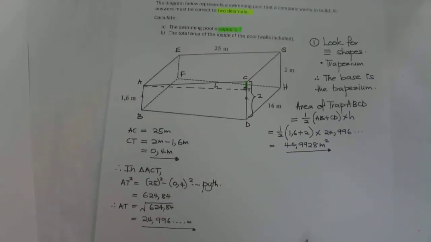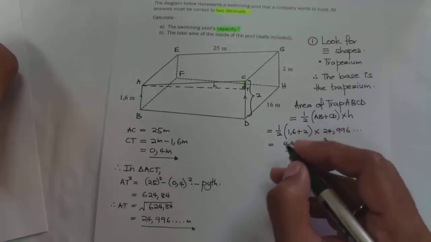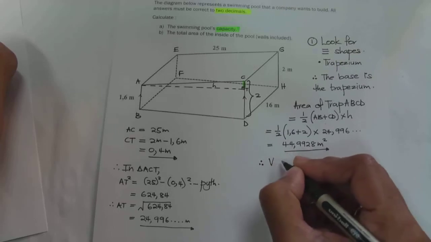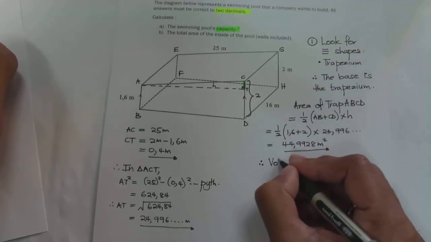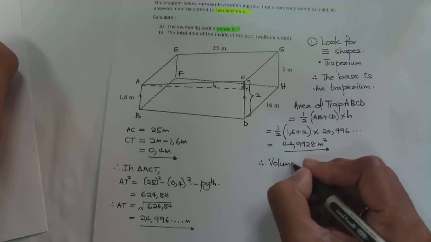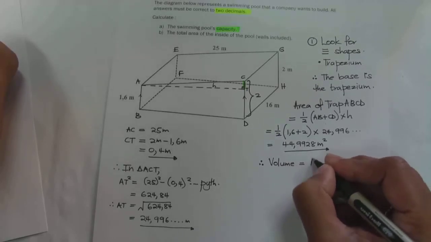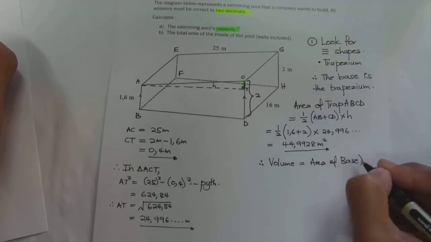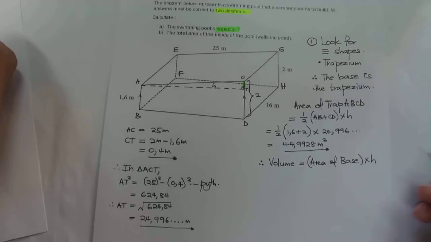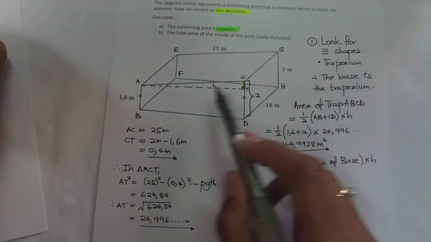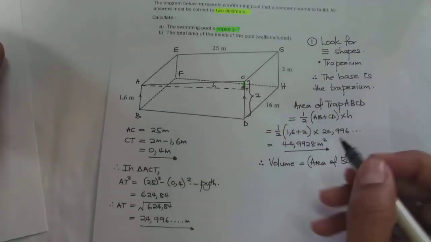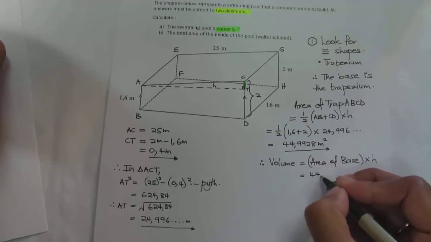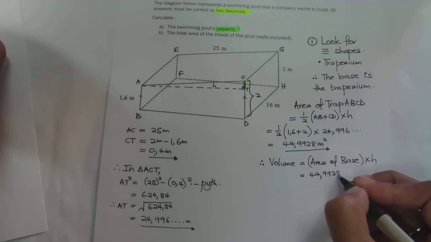Right, now we need to find the volume. So therefore, volume of the pool is the area of the base, as you know, times the height. And we've identified that the base for the shape is the trapezium. And we've got the area of the trapezium, which is 44,9928 times.